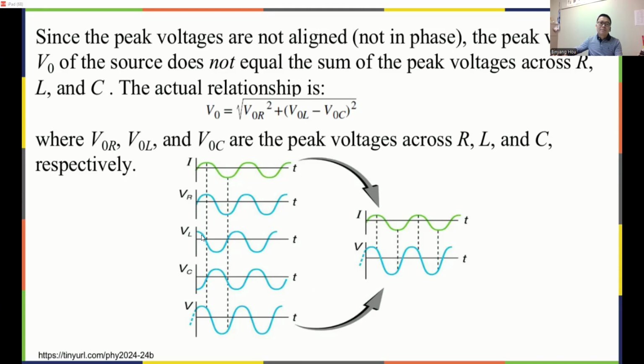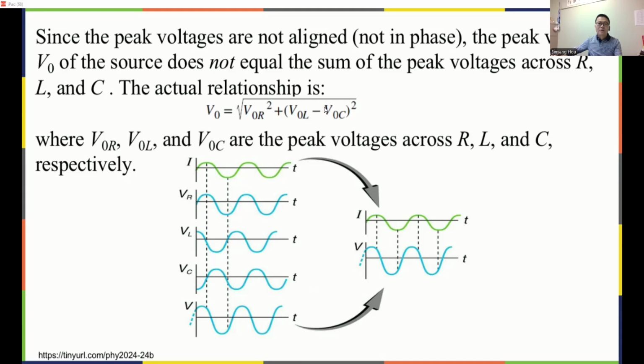The voltage on the inductor is actually ahead of the voltage on the resistor by 90 degrees, but the voltage on the capacitor is lagging the voltage on the resistor by 90 degrees. So these two always have opposite signs. When your voltage on the inductor is positive, the voltage on the capacitor will be negative. So the overall voltage on the circuit will follow this relationship.